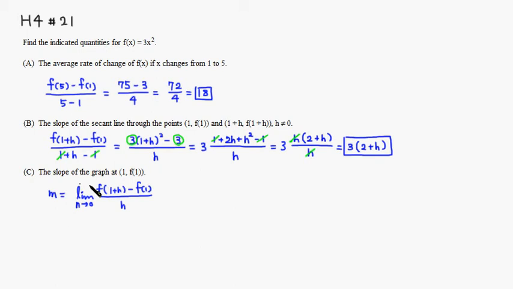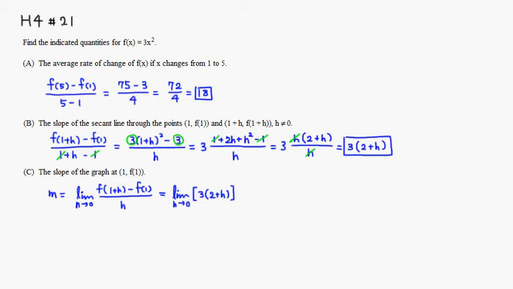So this is a limit of the difference quotient. From part B, we know that this expression simplifies to 3 times quantity 2 plus h. So we just need to take the limit as h approaches 0 of 3 times quantity 2 plus h.